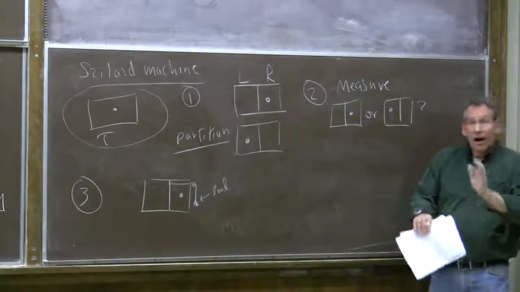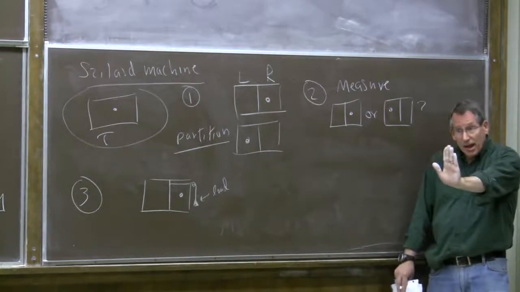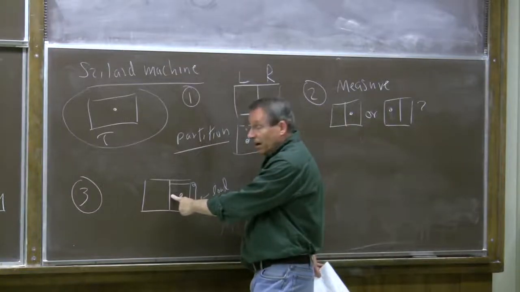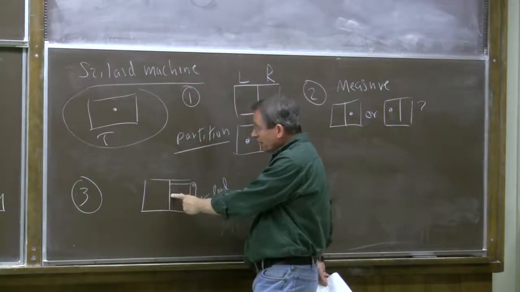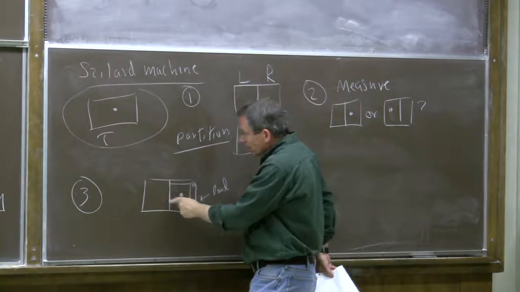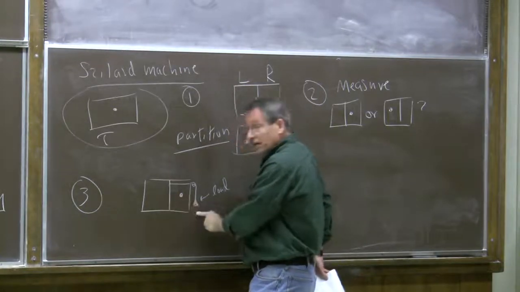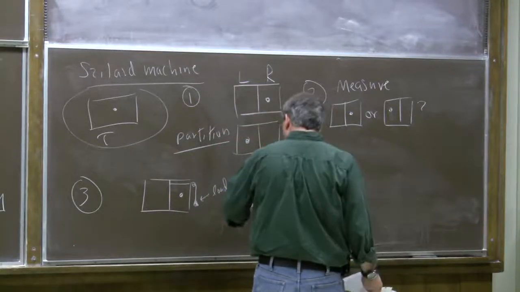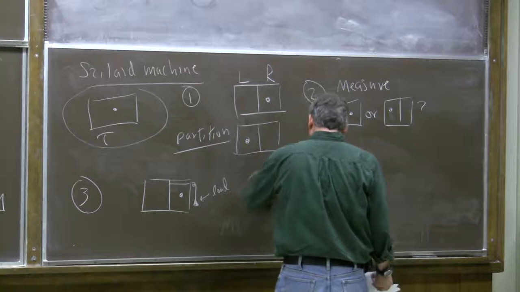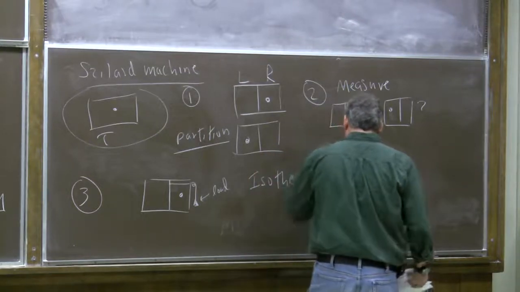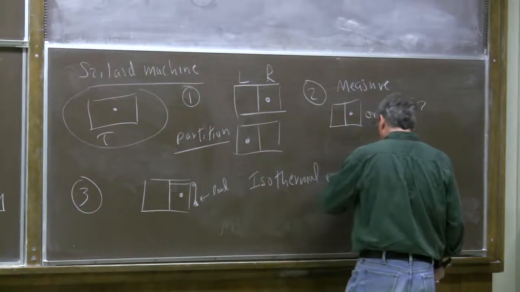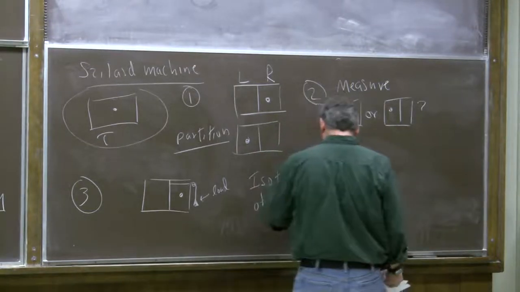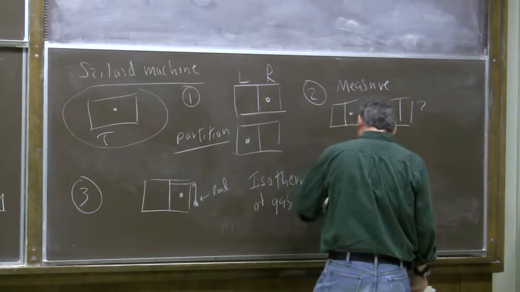And now I quasi-statically allow the gas to expand. It's going to be bouncing around. It's going to kick the movable wall every once in a while. And it's going to slowly move the wall to the left, lifting the weight. Okay? So the third step will be isothermal expansion of gas with loaded movable wall.